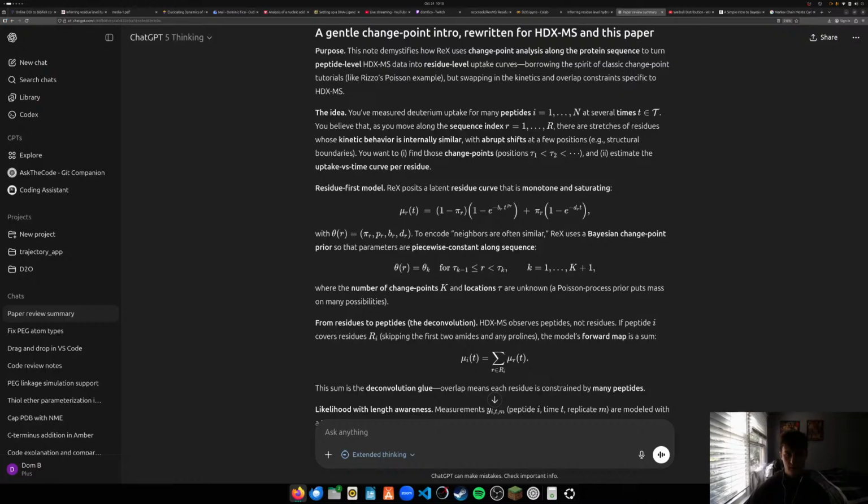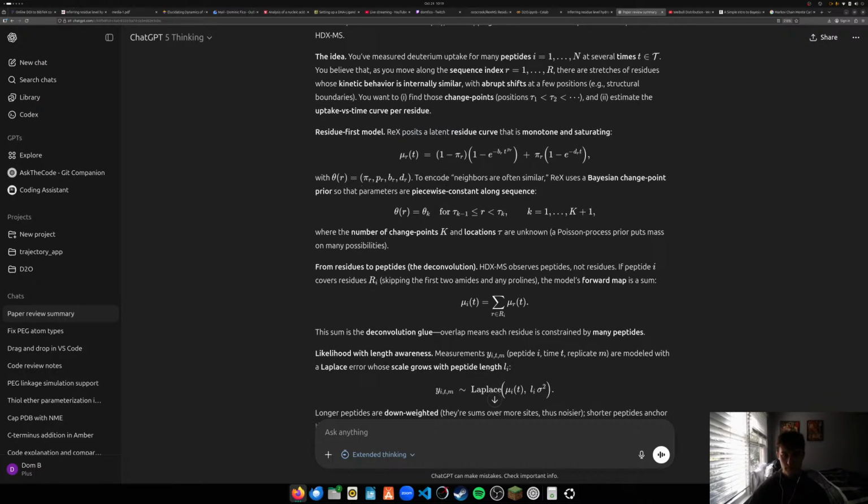You want to find those change points and estimate the uptake curve per residue. It posits a latent kinetic model to encode that neighbors are often similar, so the parameters are piecewise constrained along the sequence, where the number of change points k and their locations are unknown.